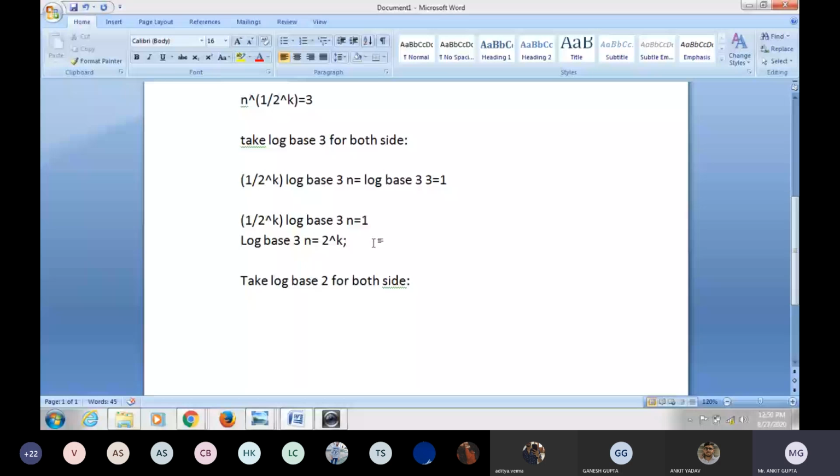So the answer is k is equal to log base 2 of log base 3 n, and that is the complexity. Did you get this? Any doubt?